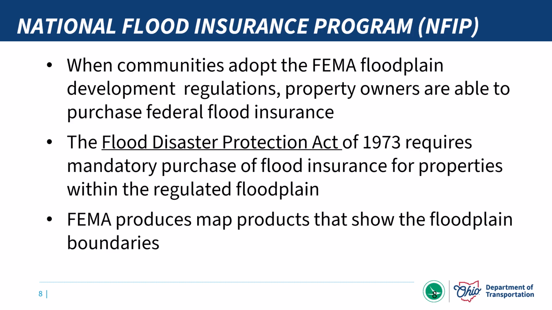So if a community participates in the NFIP, any property that is identified as being in the floodplain has to purchase insurance. If they do not, then the community will be taken out of the NFIP. And FEMA produces map products that show the floodplain boundaries, and we will see those here in a couple of slides.